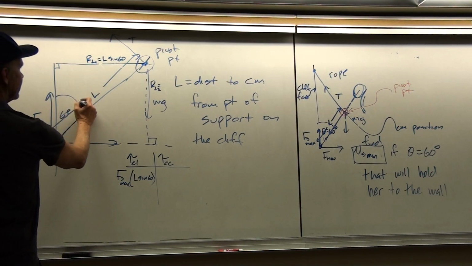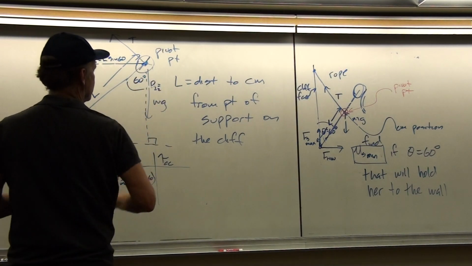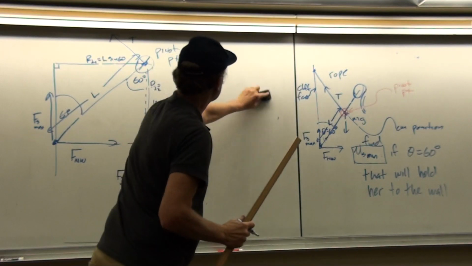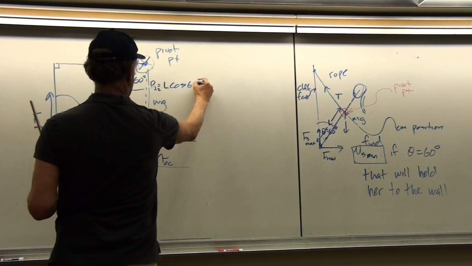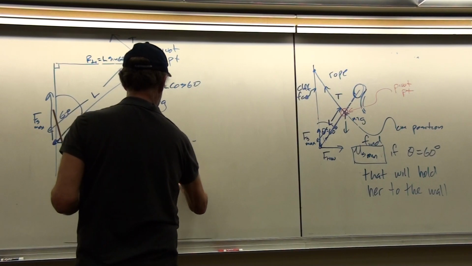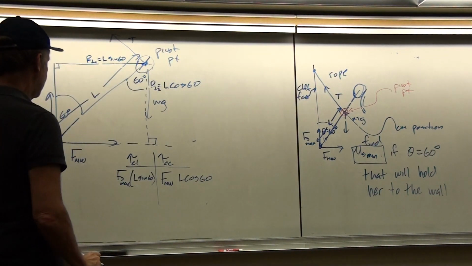If this angle here is 60, then that makes this angle here 60, so that becomes L cosine 60. We write that in here as F normal wall times L cosine 60.